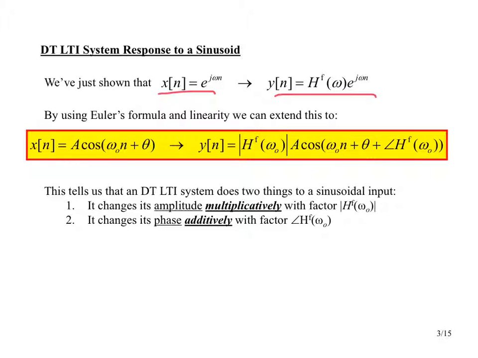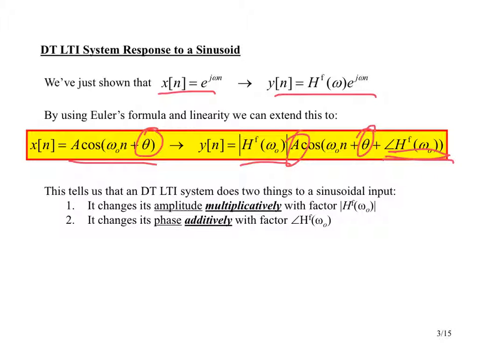Well, if I do the same thing for e to the minus j omega, I can use Euler's formula and linearity, and we can actually show that a real sinusoid goes into the system and comes out with the amplitude A modified by the magnitude of the frequency response and the angle theta that the sinusoid went in with modified additively by the angle of the frequency response at omega 0. And here I did put in the sub-zero, which makes it a little clearer.